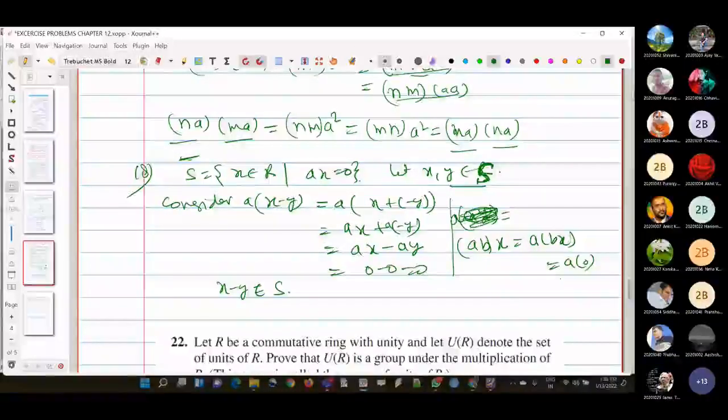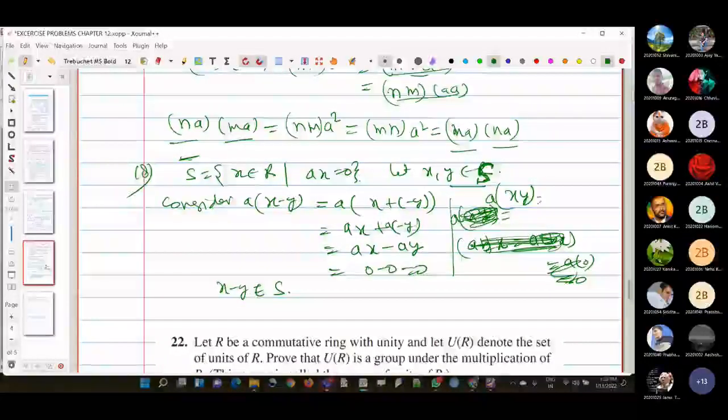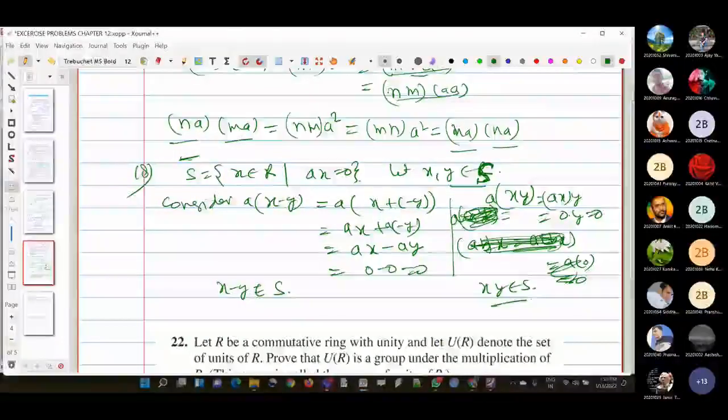So a times 0 is equal to 0. Fine. So their product, or we can take xy also. There is no problem. We are taking the element xy now, and here we can write ax and y. So ax is 0, and 0 times y equals 0. So xy belongs to S. You got it? I mistook the symbols.